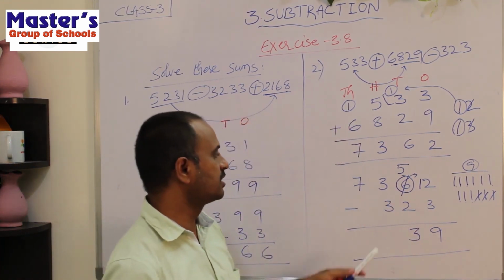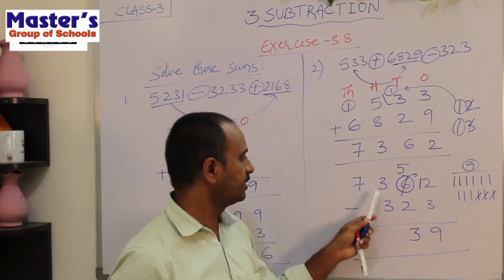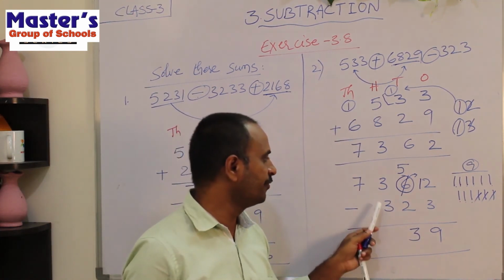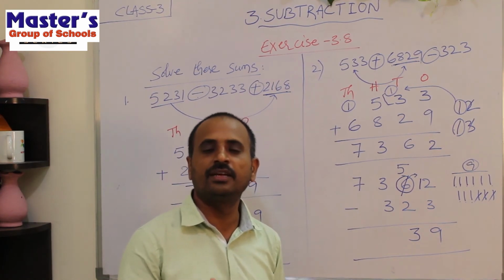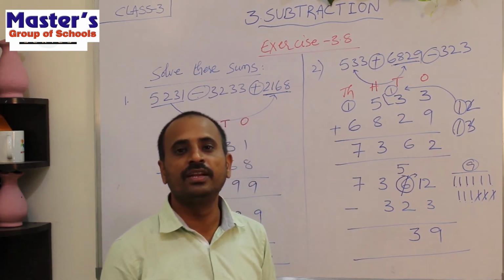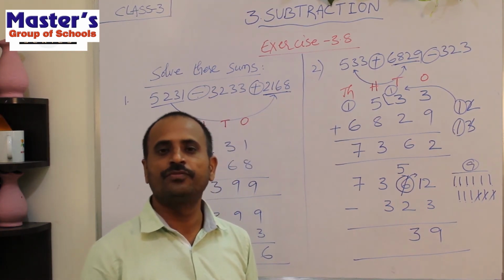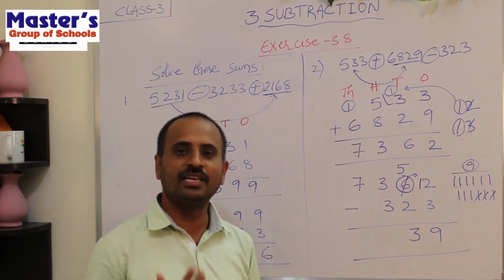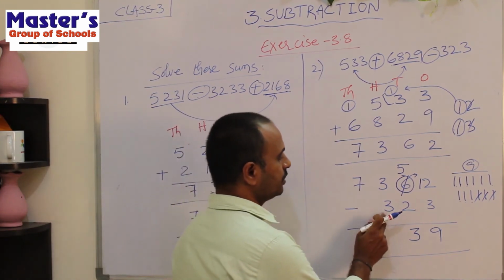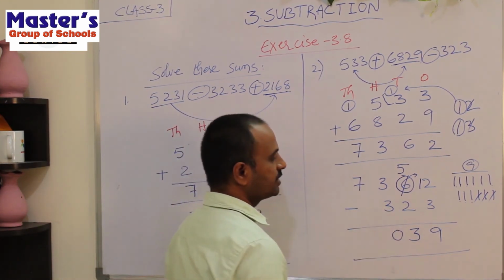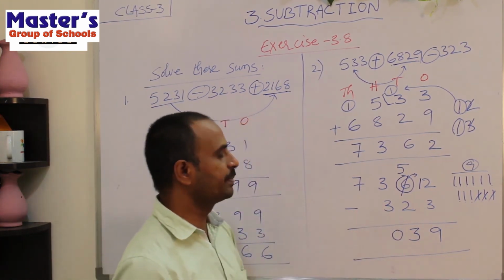So now go to hundreds place. What are the digits there? 3 and 3. So subtract 3 from 3. If we subtract a number from the same number, we will get 0 as the answer. According to the properties of subtraction, if we subtract a number from itself, the answer is 0. Now go to thousands place.